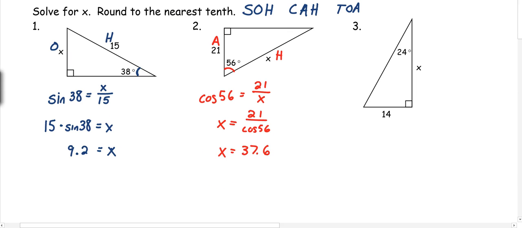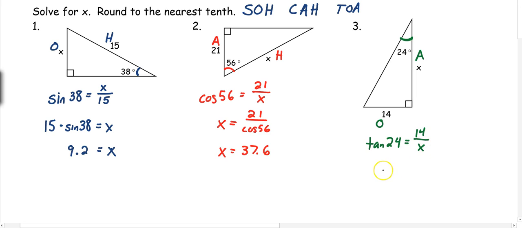Number 3, when I label the sides of my triangle based on this angle, across from the 24 degrees is my opposite side, which has a measure of 14. And next to my angle is the adjacent side with x. So if we have opposite and adjacent, this is tangent. So the tangent of 24 is equal to my opposite over my adjacent.